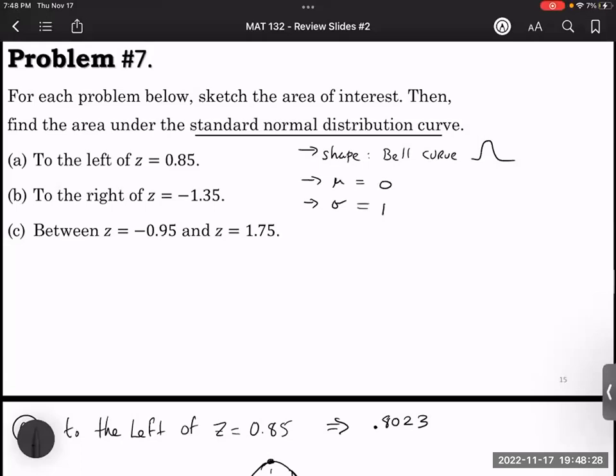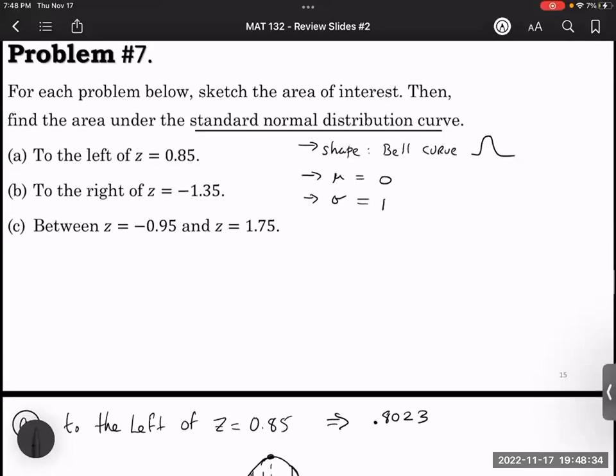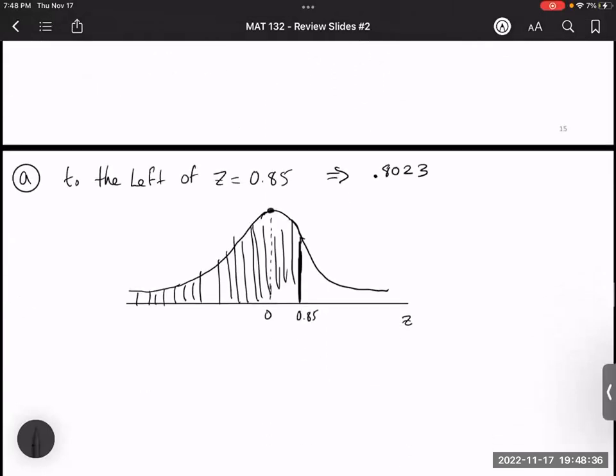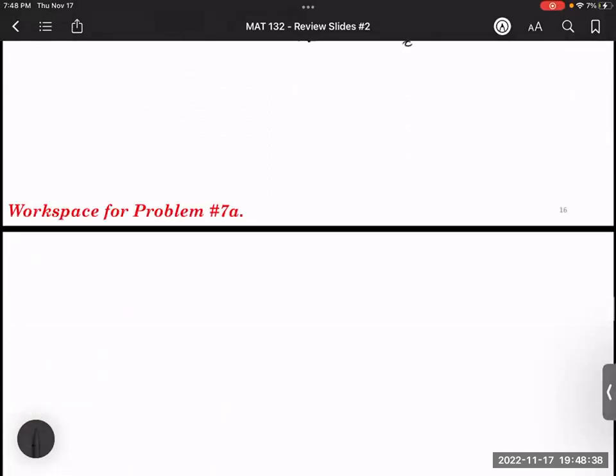Okay, so we did the left case here. Part B states to the right of Z equals negative 1.35. Right, so I'm going to do part B down here.